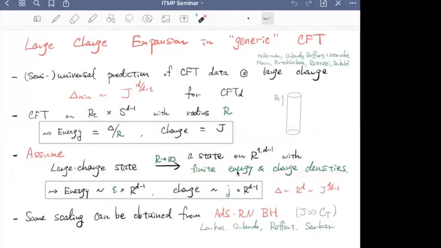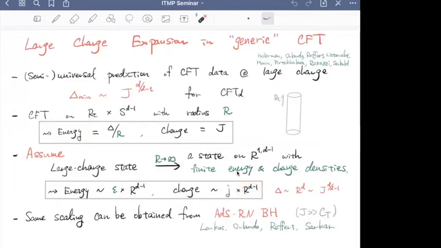If you accept this assumption, then you can express the energy as energy density times R^(D-1), because this is the spatial volume. And you can also express charge in terms of charge density, which is of order 1, times R^(D-1), which is again the spatial volume.